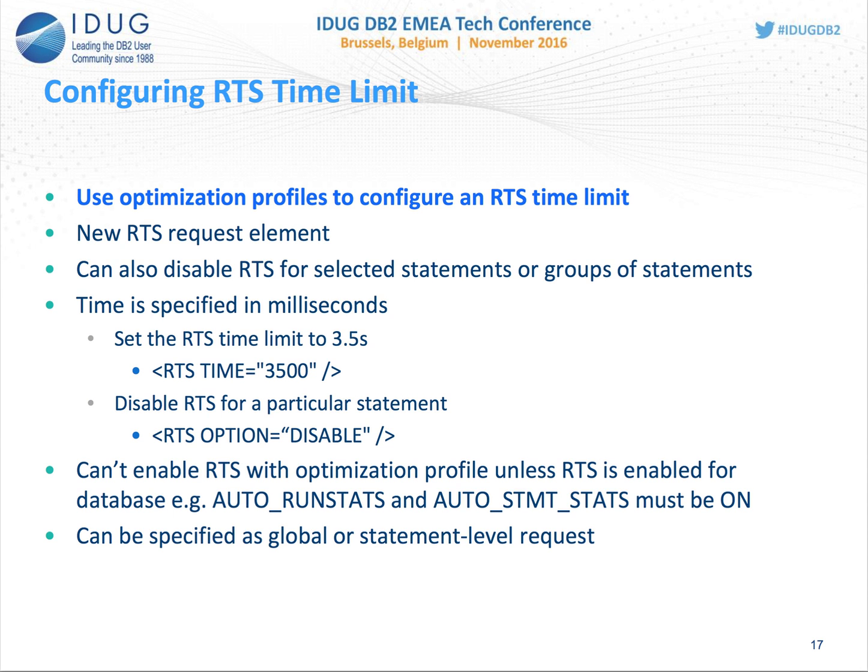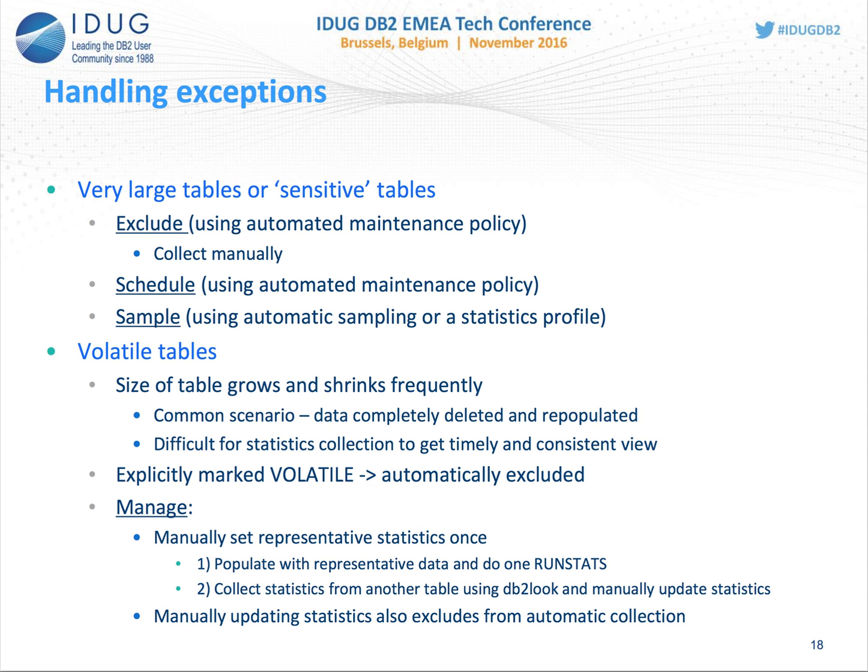And then I talk about handling exceptions. Typically I've seen auto runstats works great for a large number of tables. There might be some very large tables, or tables where the queries and access plans are sensitive to changes in stats. So maybe you want some predictability, so you can exclude these tables from auto runstats, and there's a way to do that with something called automated maintenance policy.